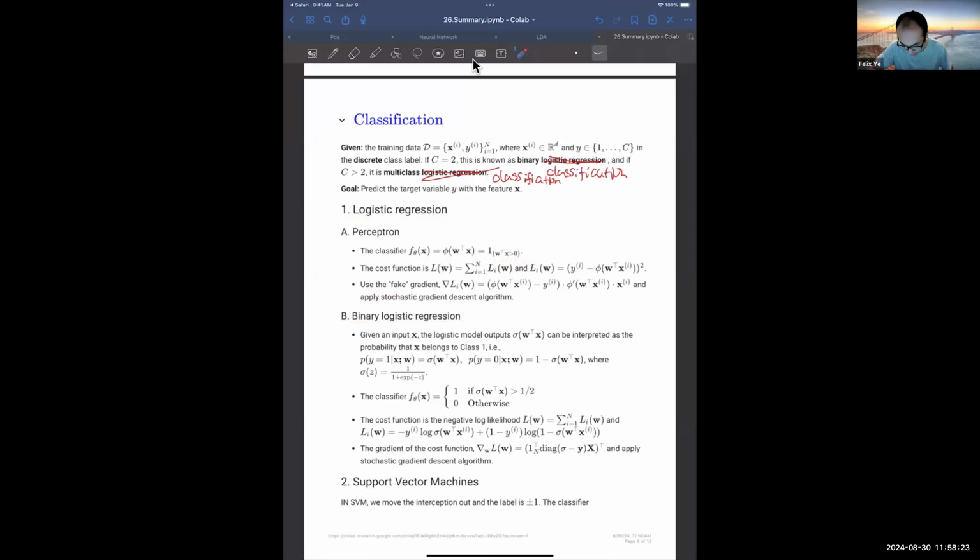We can calculate this cost function by taking the sum of squared loss. However, this whole loss L is not differentiable because of the 0-1 indicator function. So this is not really good. What we can do here is introduce something called fake gradient.